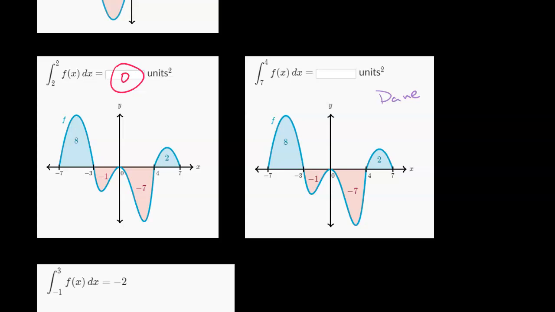The reason this one is considered different is because it's backwards orientation. So you're asked to find the integral from 7 to 4 instead of 4 to 7, which would be the normal way. So because they're reversed, your answer would be, yeah, yep. Yeah, no, very good.